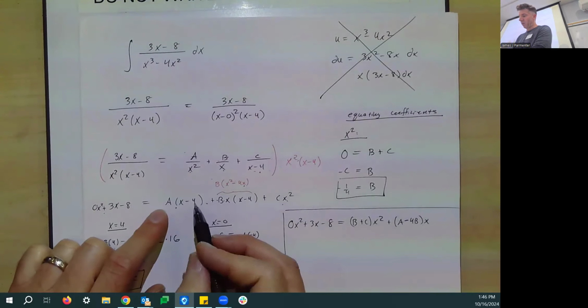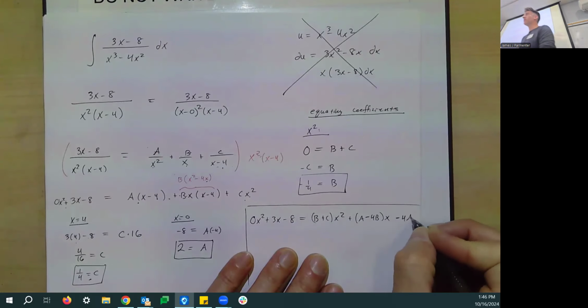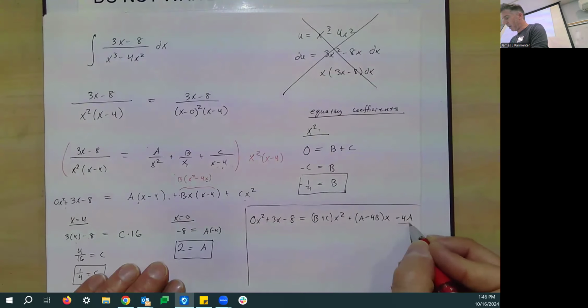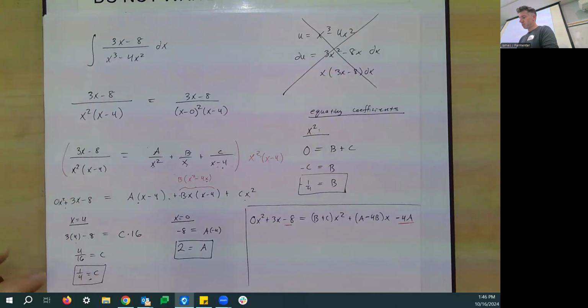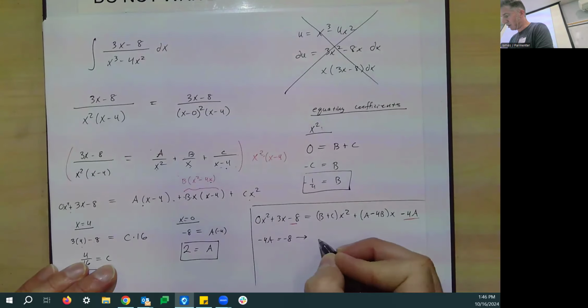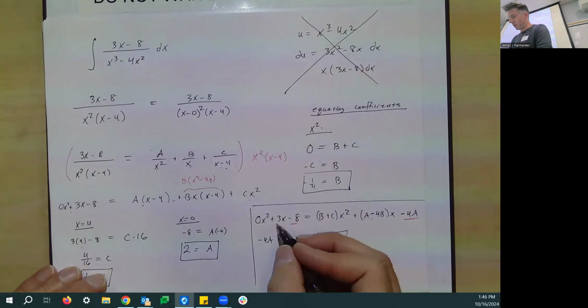And I have a negative 4a, and that's my only constant term. The people like to do this, and then say, oh, but then negative 4a has to equal negative 8. So that means a is going to be 2. And a minus 4b has to equal 3.